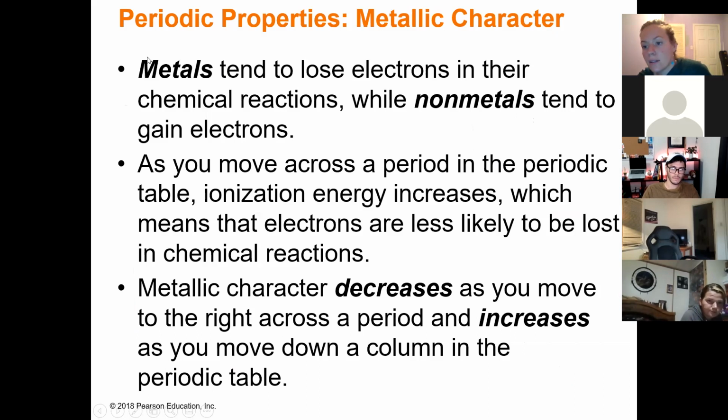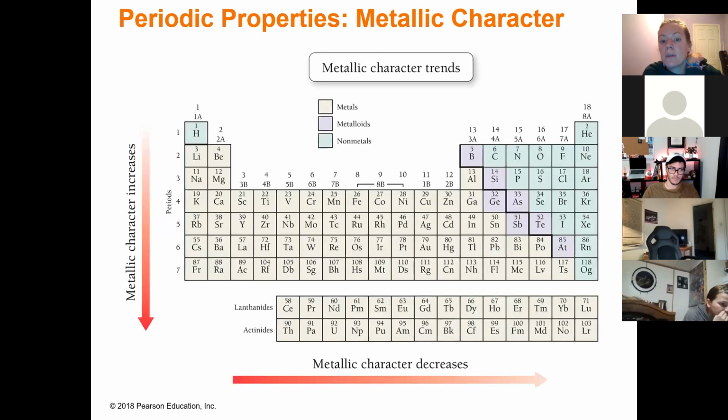The last one, you guys should already kind of know this idea, but metallic character. So the lower left-hand corner, or where Frankie is, he's the most quote unquote metallic-like thing on the periodic chart. He has the most metal-like properties. The least metallic thing is going to be the upper right-hand corner, where we have helium, fluorine. As you move towards the zigzag line in your nonmetals, you become more metallic-like, right?